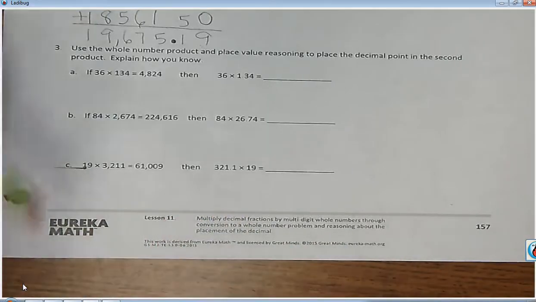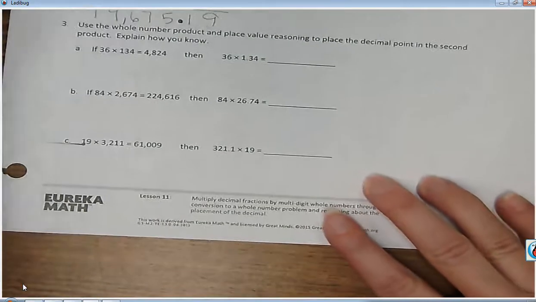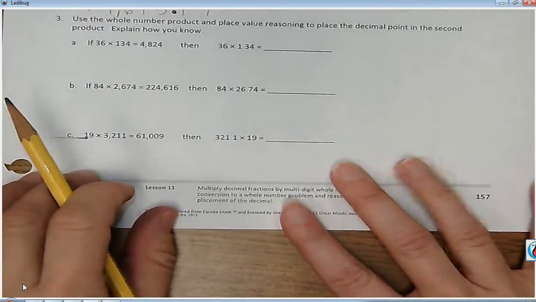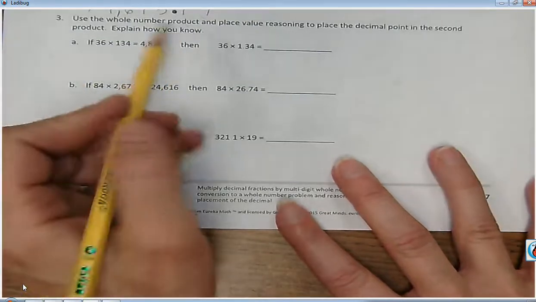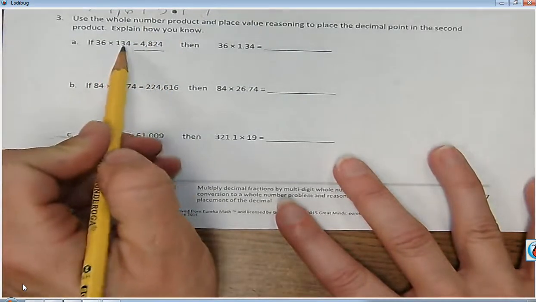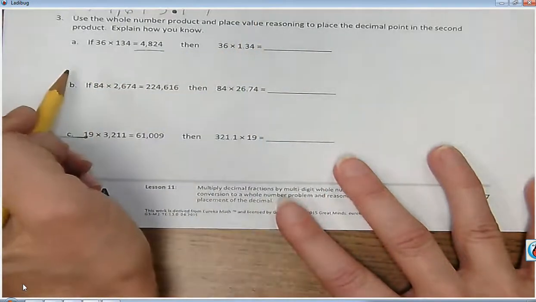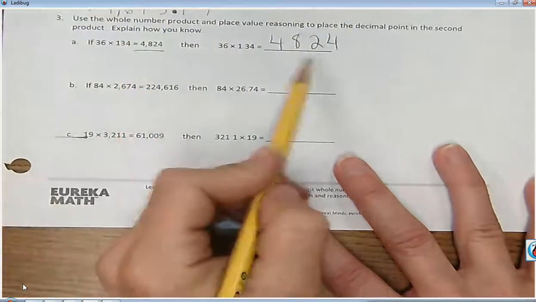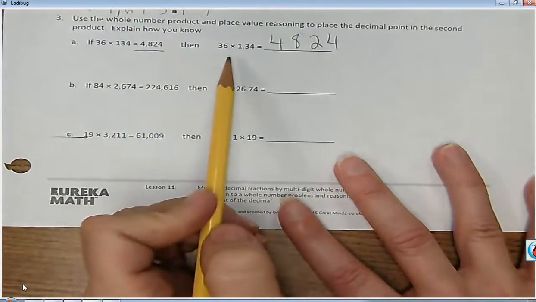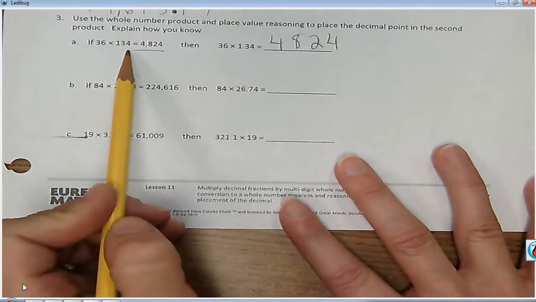Okay, so read those directions. So they've got us thinking about this another way, and they gave us the numbers that we need. So these problems are the same, except that one has a decimal point. So the numbers are the same answer. But they need to put in a decimal point, so let's think.